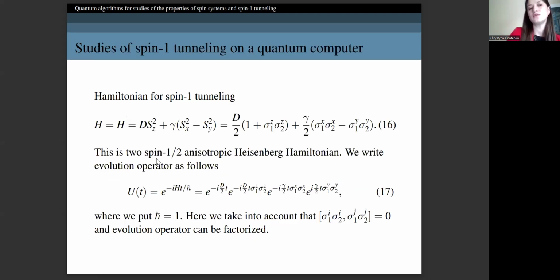So to consider, sorry for this mistake. Here, of course, we have only one H. Here you can see the Hamiltonian which corresponds to the spin-1 tunneling. This Hamiltonian is given by this expression, and this is the expression rewritten with the help of operators of spin-1/2.